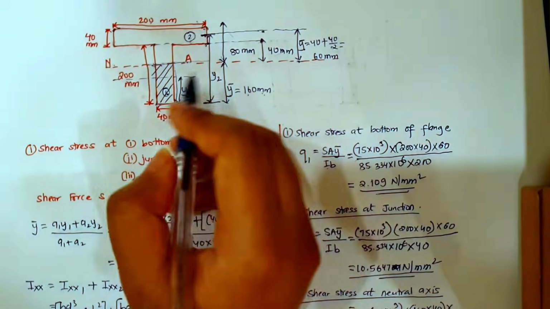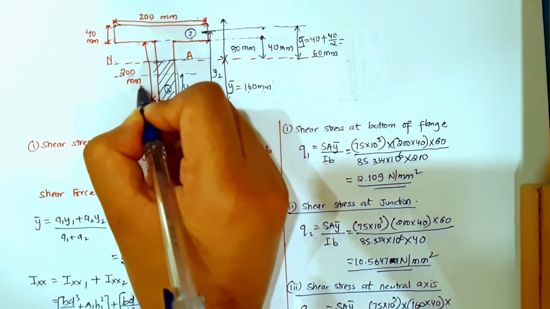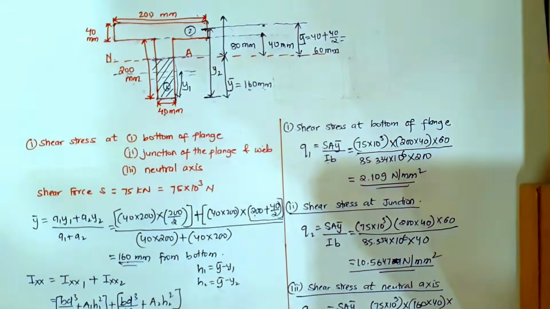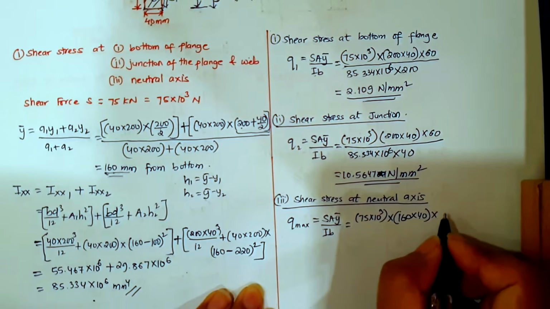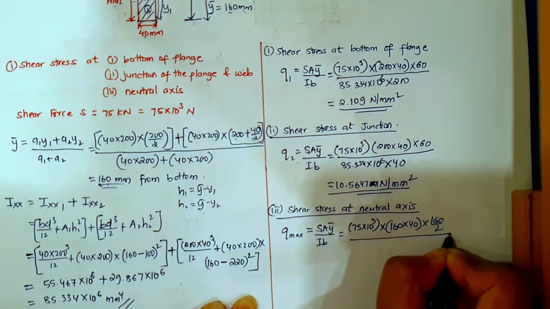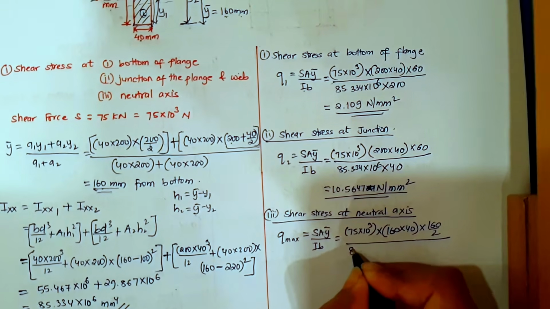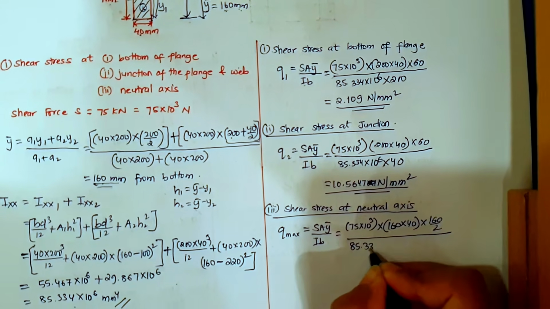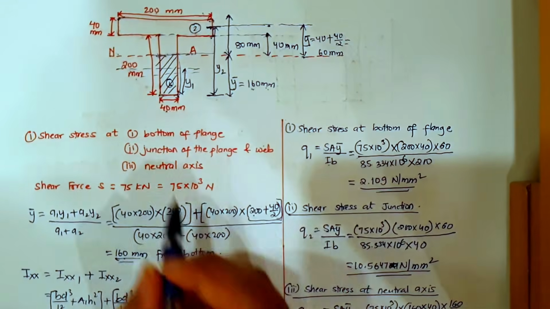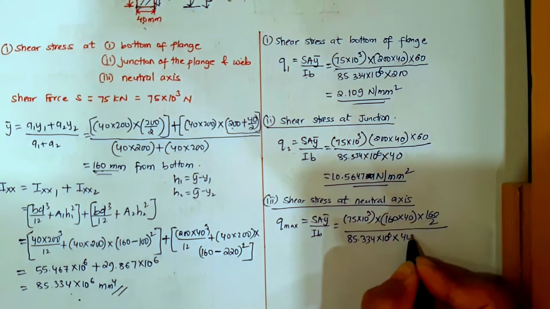If the depth from here to here is 160, then just half of it will be 160 divided by 2, which comes to 80, divided by I, which will remain the same as we found here, 85.334 into 10 raised to power 6, into B. What is the width? The width is 40, so into 40.